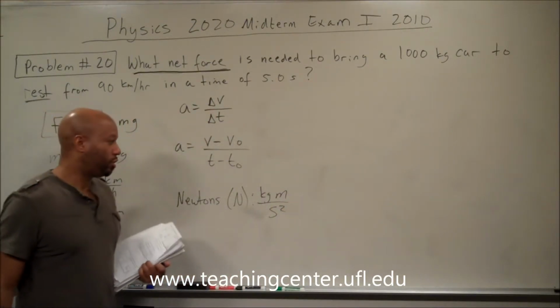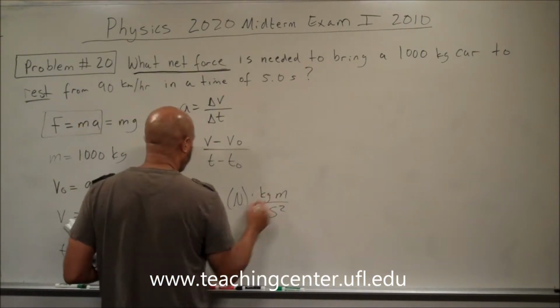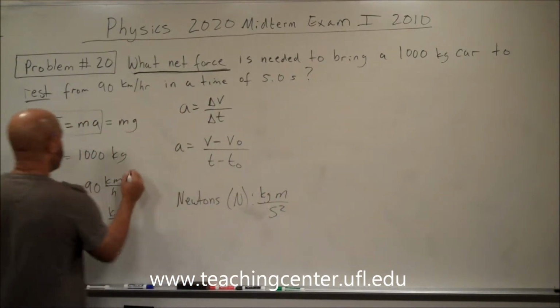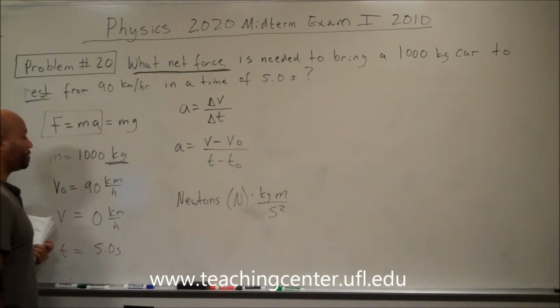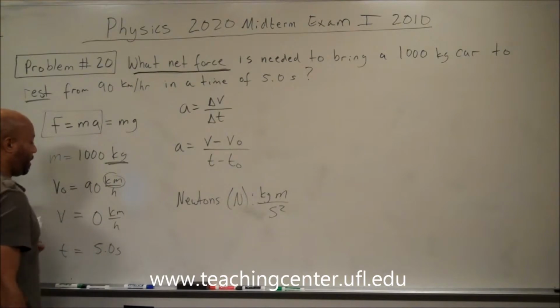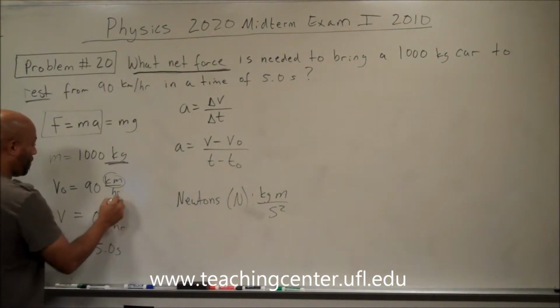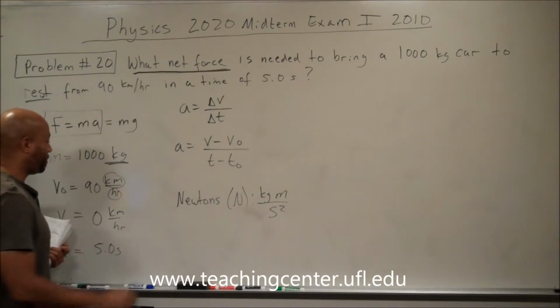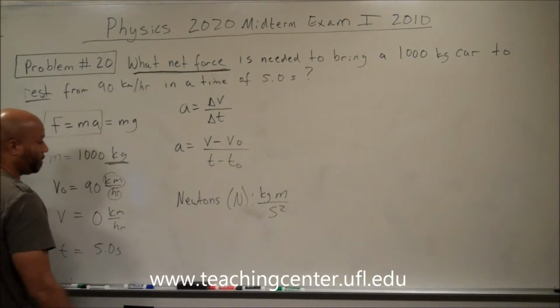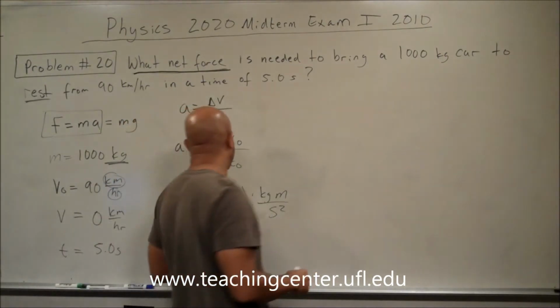So if the answers are going to be in newtons, we need kilograms, which we have. We also need meters, but we don't have that. We have kilometers, and we need seconds squared, but we have hours. So we need to convert kilometers, and we need to convert hours. We need to convert our velocities to meters per second. So let's do that.